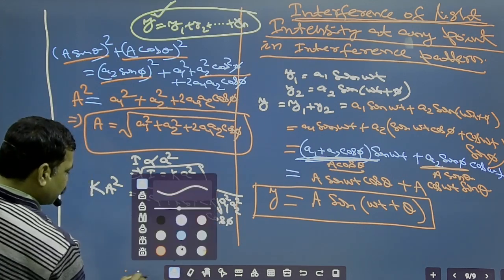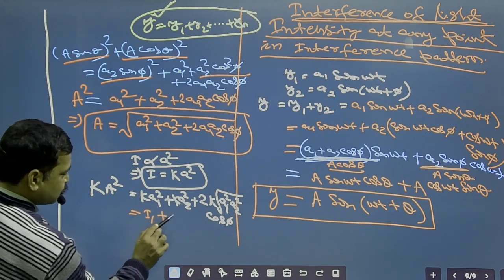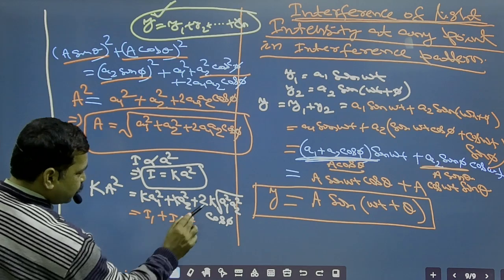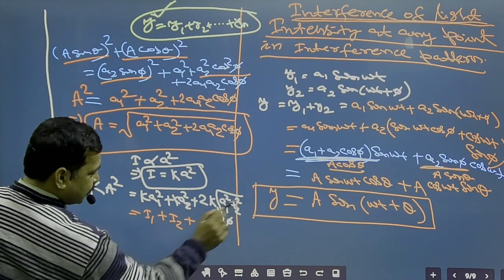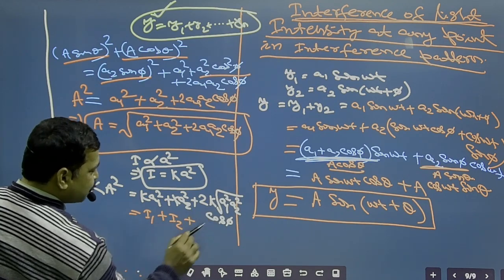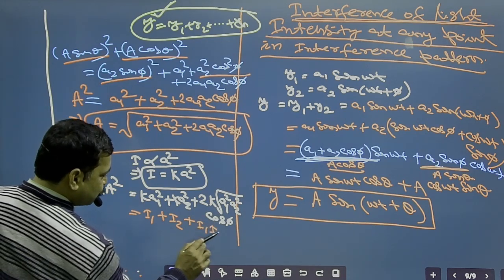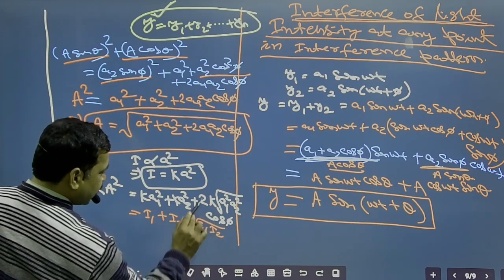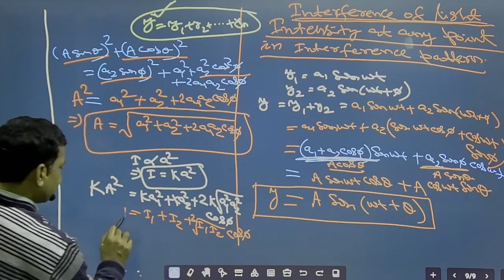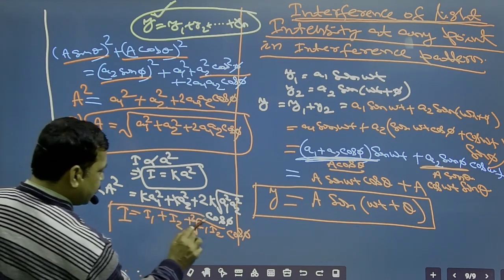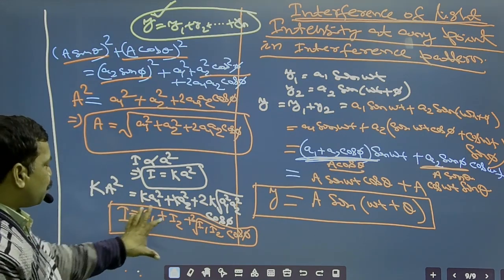So finally what we will be getting is I equals I1 plus I2 plus 2 times the square root of I1 I2 cos phi, where k a1 square is I1 and k a2 square is I2. This is the resultant intensity at any point when two waves are interfering at a particular point.